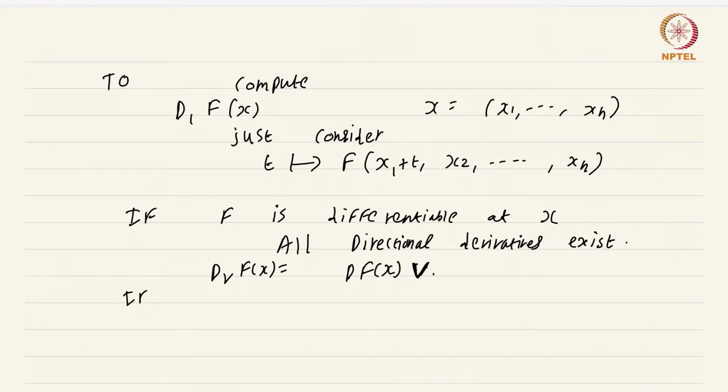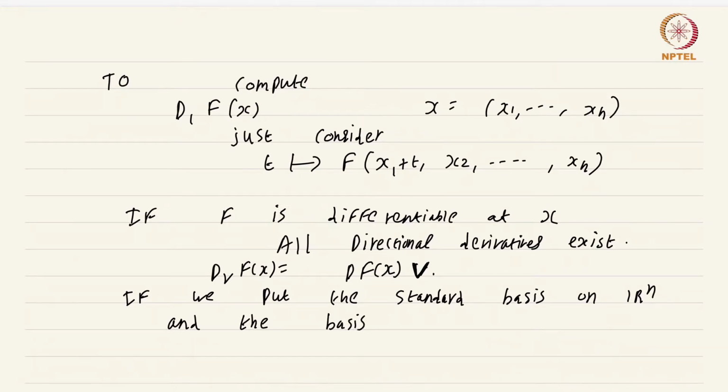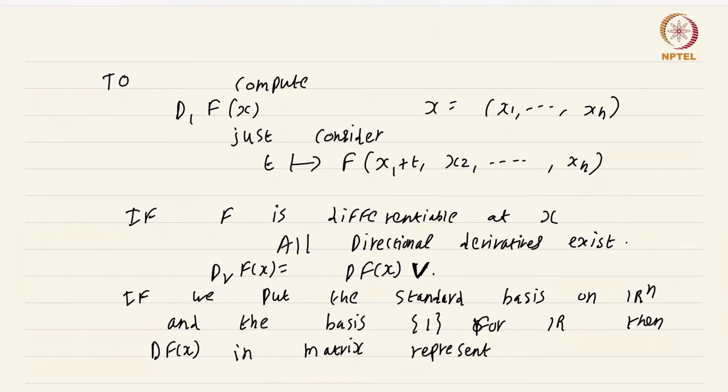If we put the standard basis on R^n and the set with 1, which is just one element, as a basis for R, then df(x) in matrix representation, how do you find out the matrix representation of a linear map?